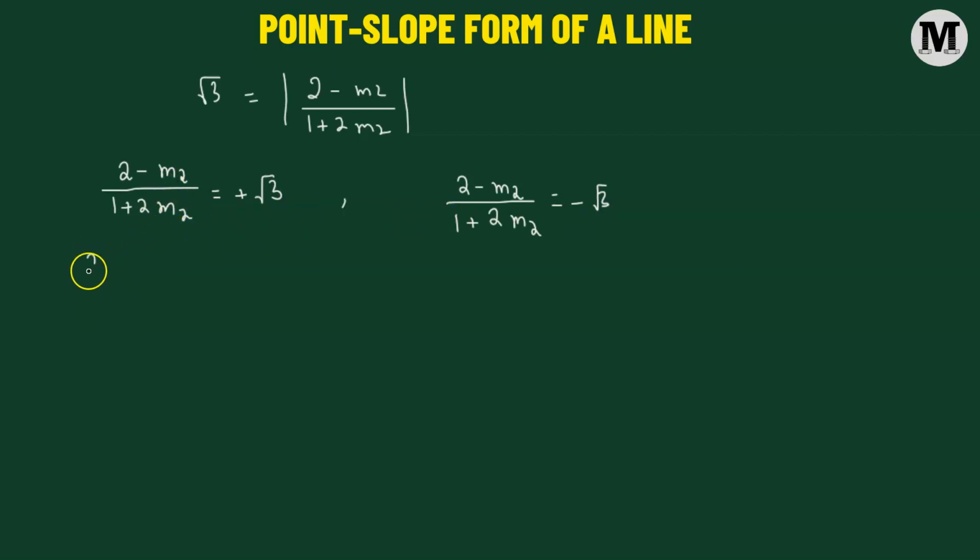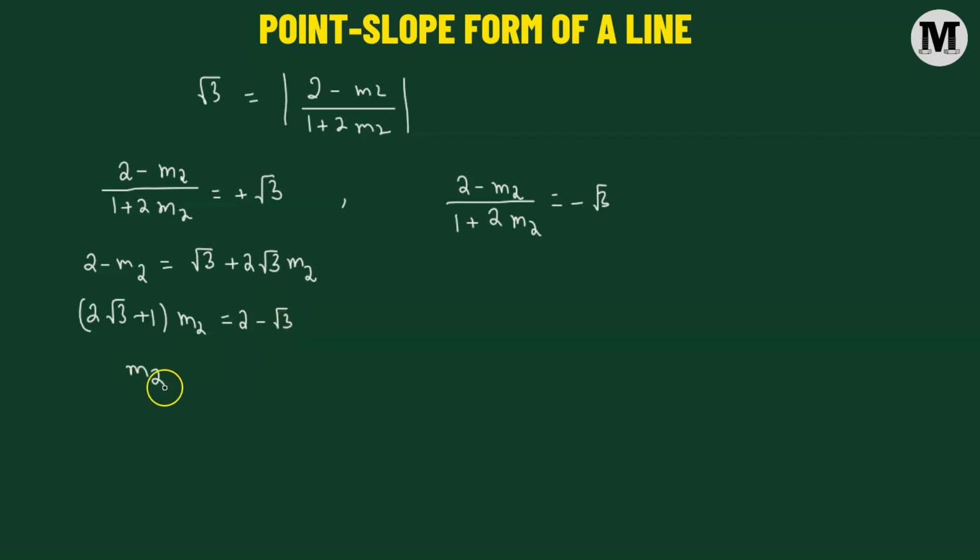So here we will get 2 minus m2 equals square root of 3 plus 2 times square root of 3 times m2. We'll combine the terms containing m2. So we have (2 times square root of 3 plus 1) multiplied by m2 equals 2 minus square root of 3.